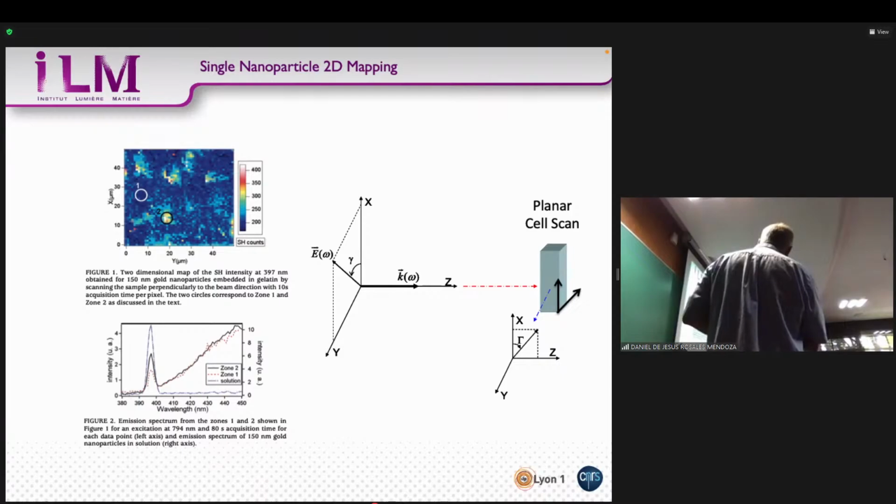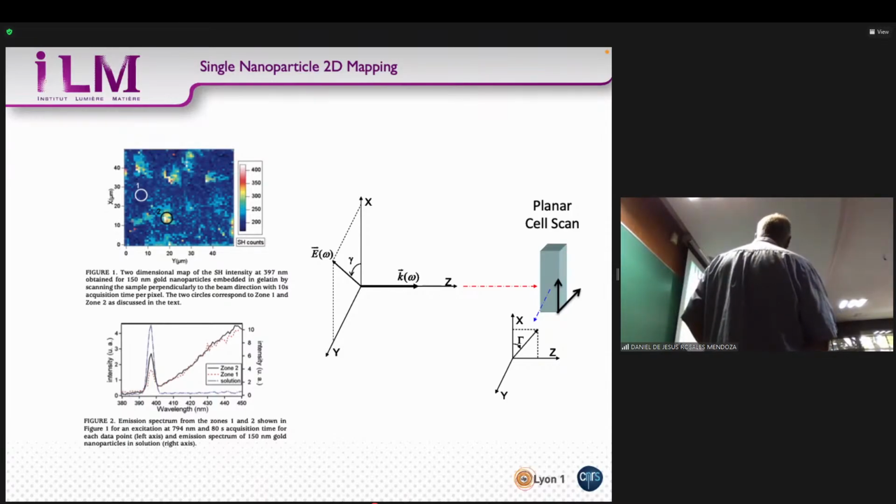And when we hit the particle, we have this. There's a bit of noise, but still you see that here we have the particles, when zone 2 is this one, and here zone 1. And this is actually the bulk solution when there are many particles.